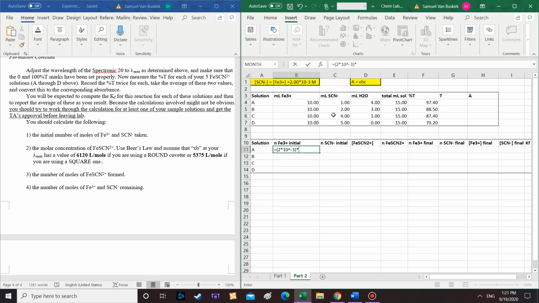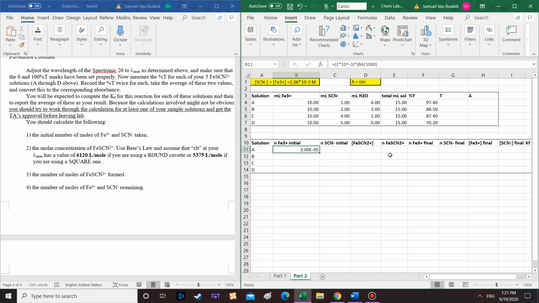And multiply that by our volume, which is up here. I'm going to type a parenthesis though, because this volume is in milliliters, right? We need to convert that to liters. So we're going to do that, divided by 1,000, and enter, and there are our moles, initial moles of iron.